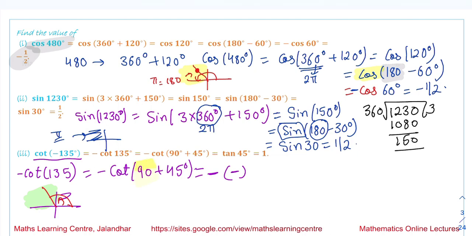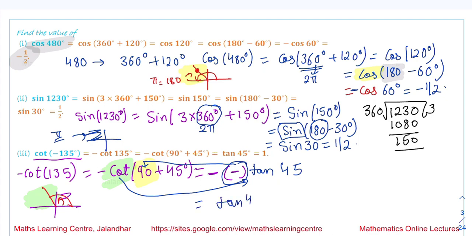Now it is 90 plus 45, and we know when it is 90, then cot will be changed to tan. This negative sign is because this value is lying in the second quadrant, and the remaining angle is 45, and the value comes out to be tan 45 degrees, which is equal to 1.